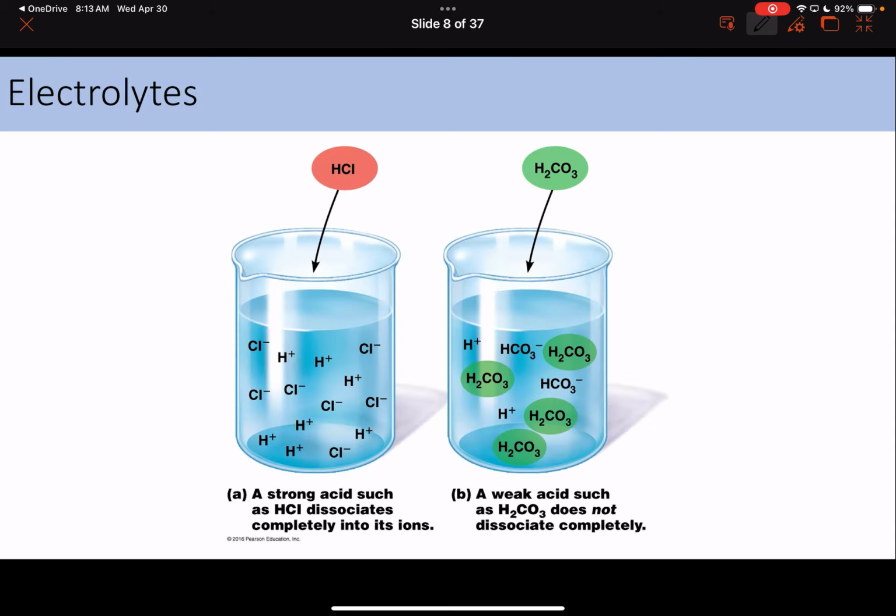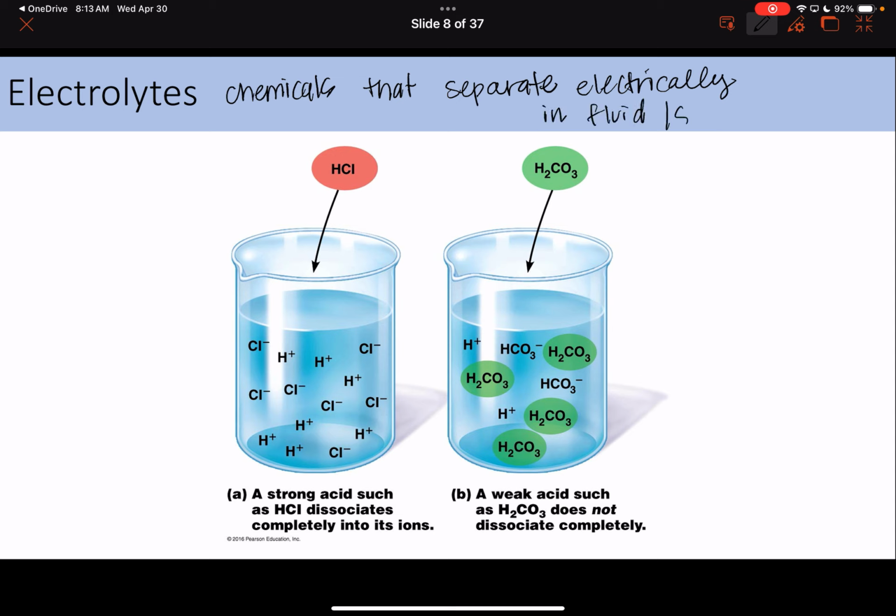Okay. So electrolytes. And this should be in your notes as well. The electrolytes are chemicals that separate electrically in fluid or solution. So any chemical that separates in solution.